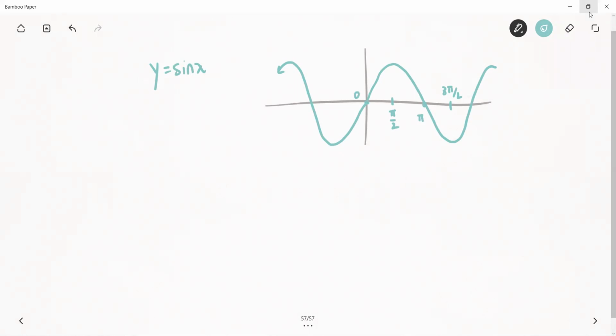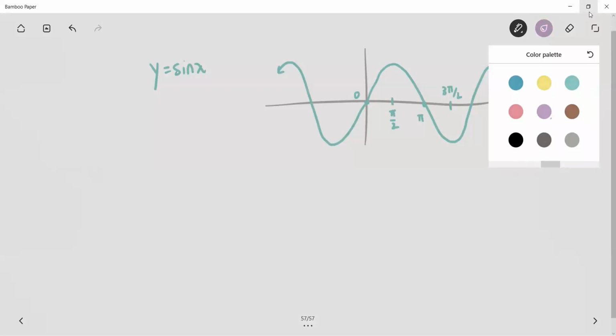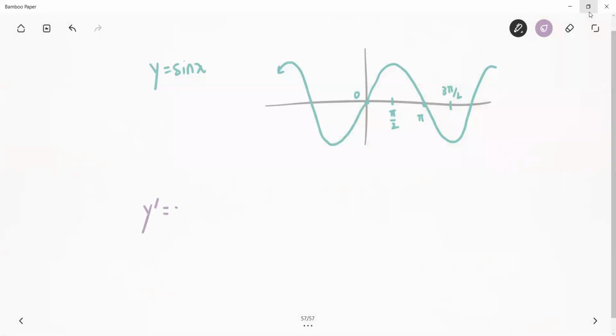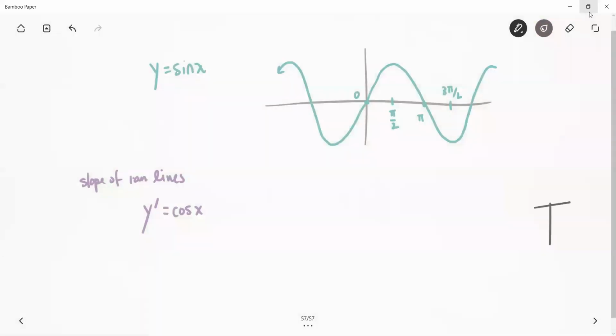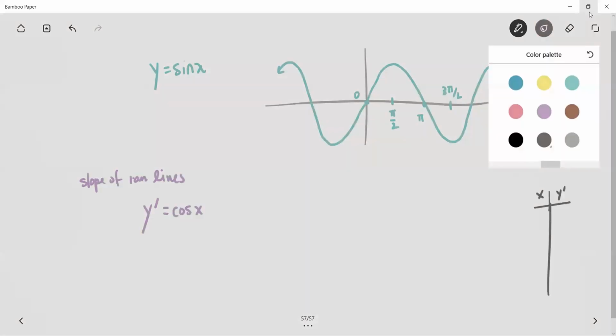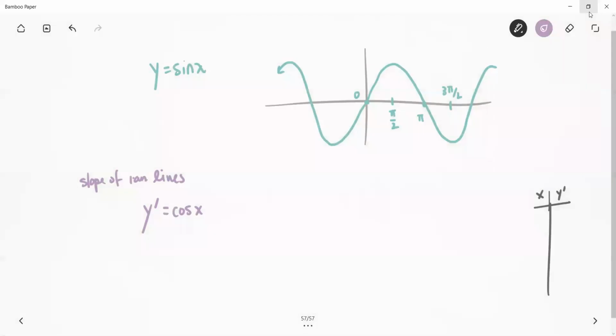If I'm looking at y prime, which we know is cosine, y prime means the slope of tangent lines, right? So if I wanted to just graph this, I could maybe try to imagine what are the slopes of all my tangent lines at different points.